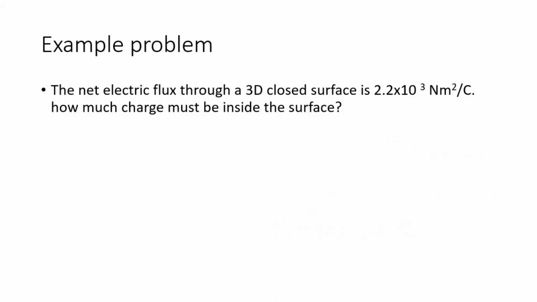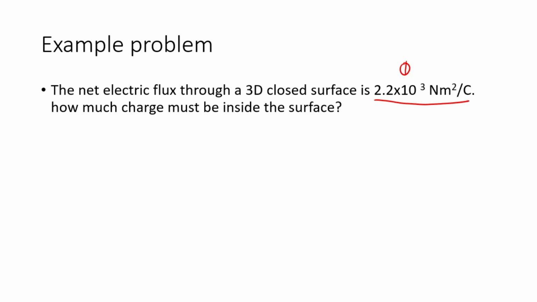Let's apply the Gaussian law formula in this problem. So first, let's read it. The net electric flux through a 3D closed surface is 2.2 times 10 raised to 3 Newton meters squared per Coulomb. How much charge must be inside the surface? So dito, meron tayong binigay na total electric flux.